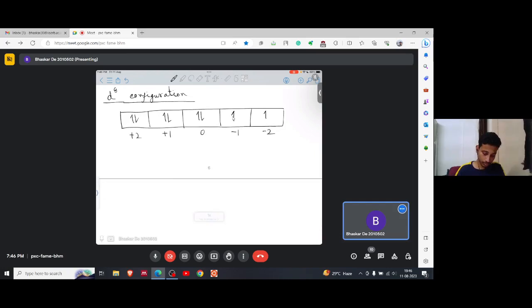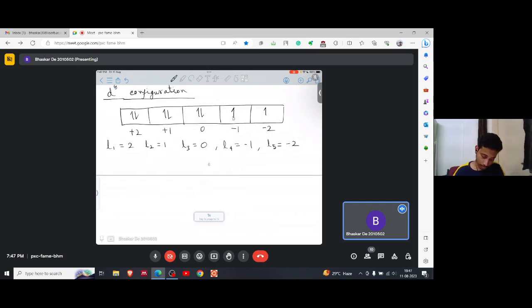So basically there are 8 electrons. If I write it properly, then it will have L1 equal to 2, L2 equal to 1, L3 equal to 0, L4 equal to -1, L5 equal to -2, then L6 equal to +2, L7 equal to +1, L8 equal to 0.